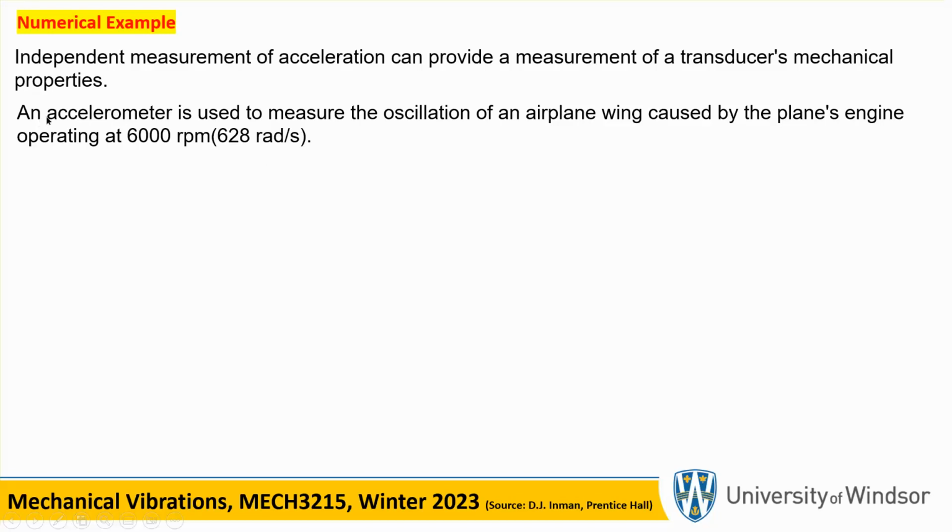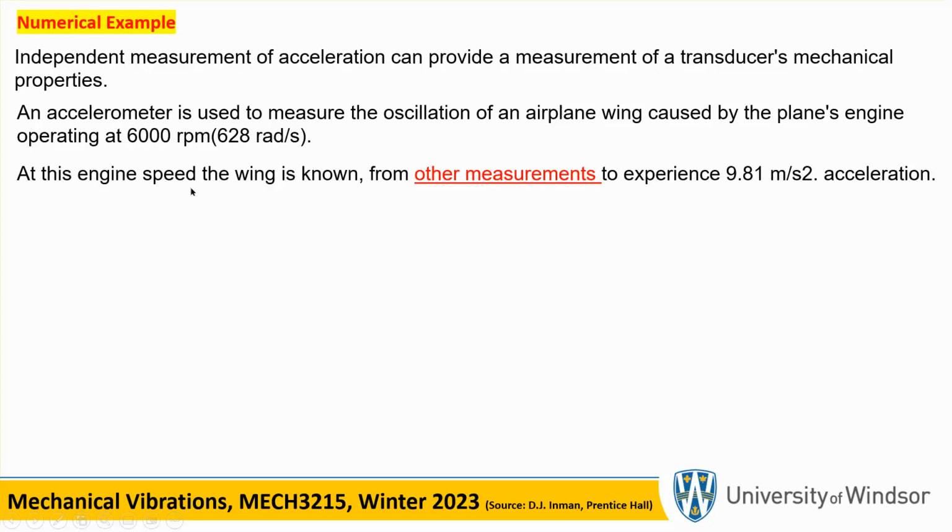So let's look at an example where an accelerometer is used to measure the oscillation of an airplane wing caused by the airplane's engine running at 6,000 RPM. We have an accelerometer and we want to use it to find the characteristics of that accelerometer when the engine is running at 6,000 RPM.